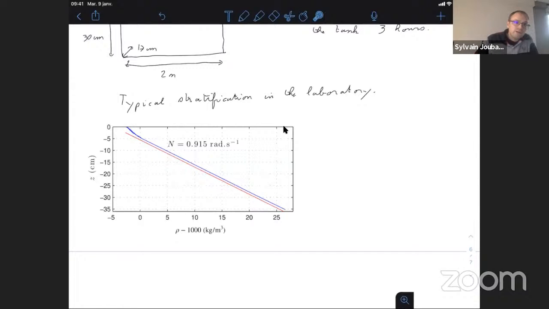When we perform experiments, it depends on the experiments you want to do. In some experiments, we really wanted a very nice linear stratification. Probably you have seen some internal wave modes this morning by Manican and Mathieu. So you want a stratification that is linear over the whole height.